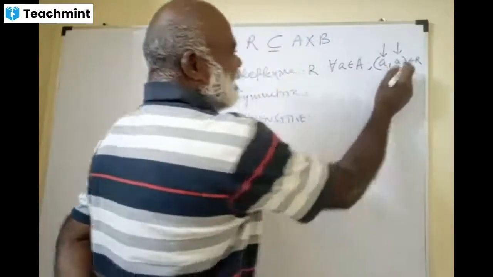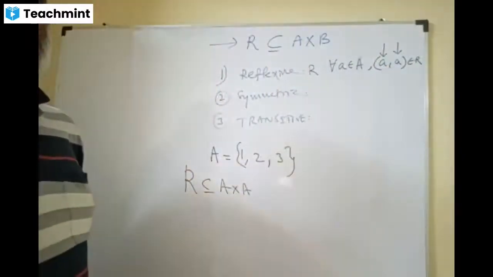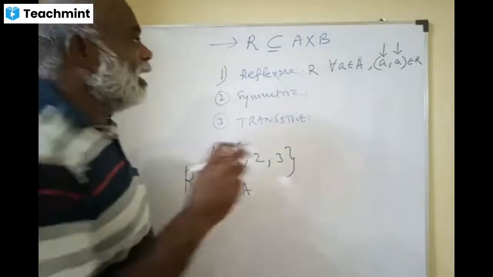The first element and second element should be identical, for every (a, a).